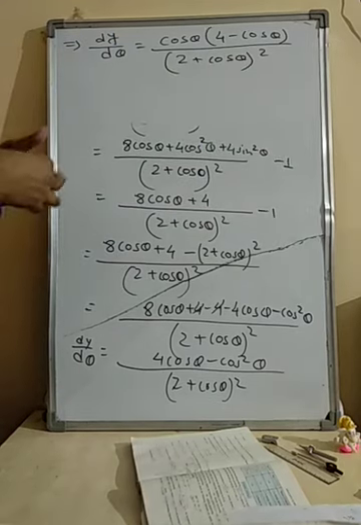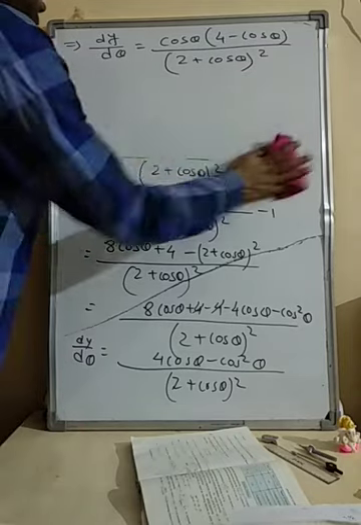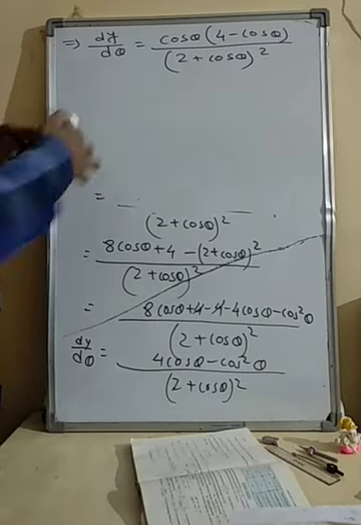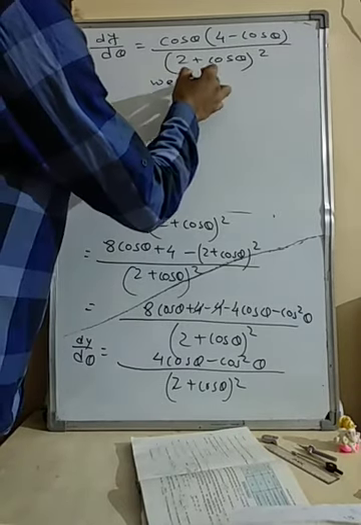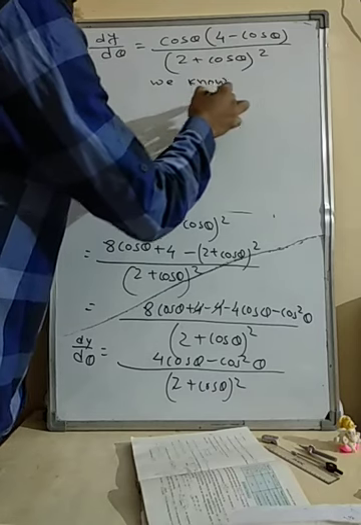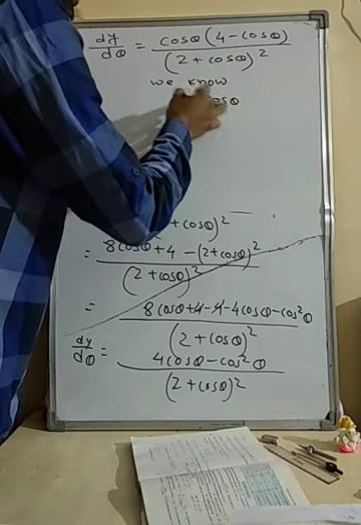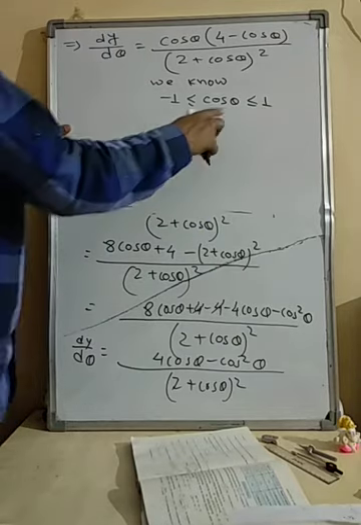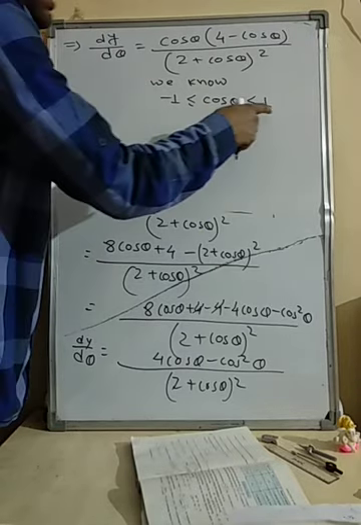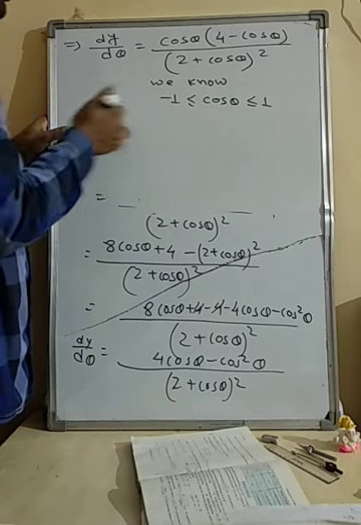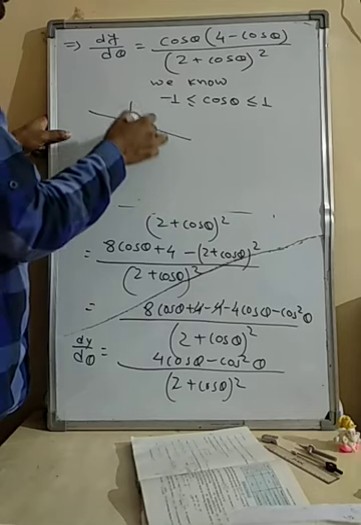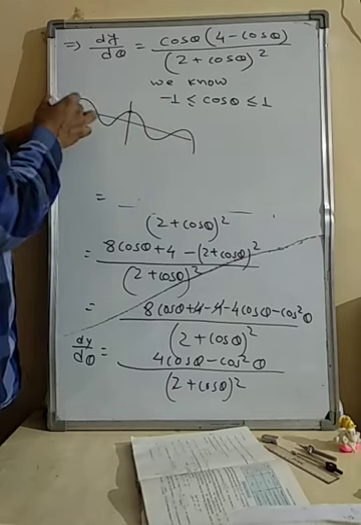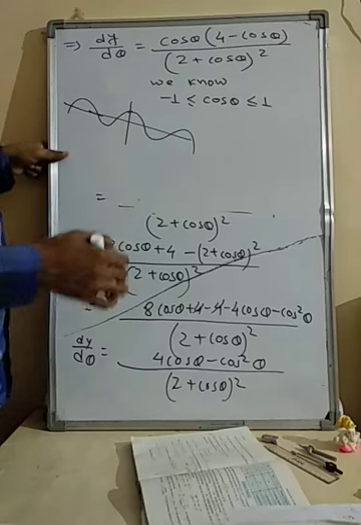Now see one thing, we know the range of cos theta is minus 1 to plus 1. The graph of cos theta is like this, you already got it in class 11, class 12.